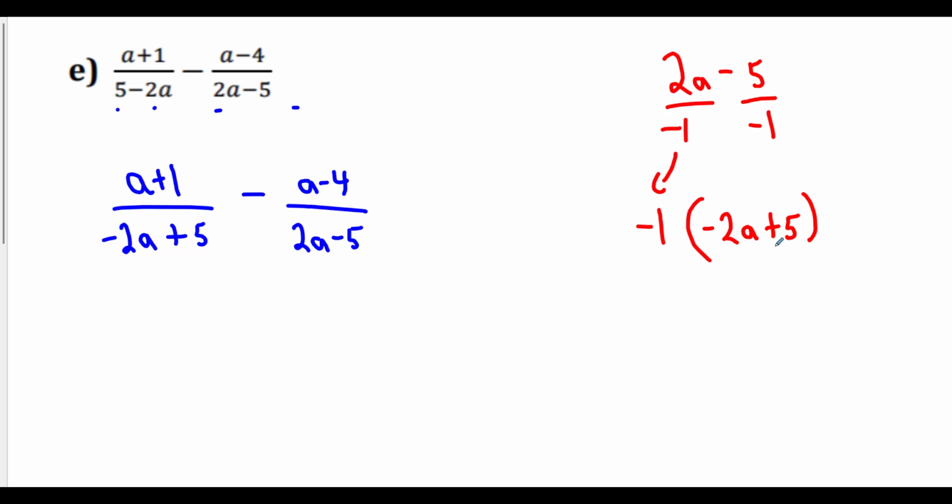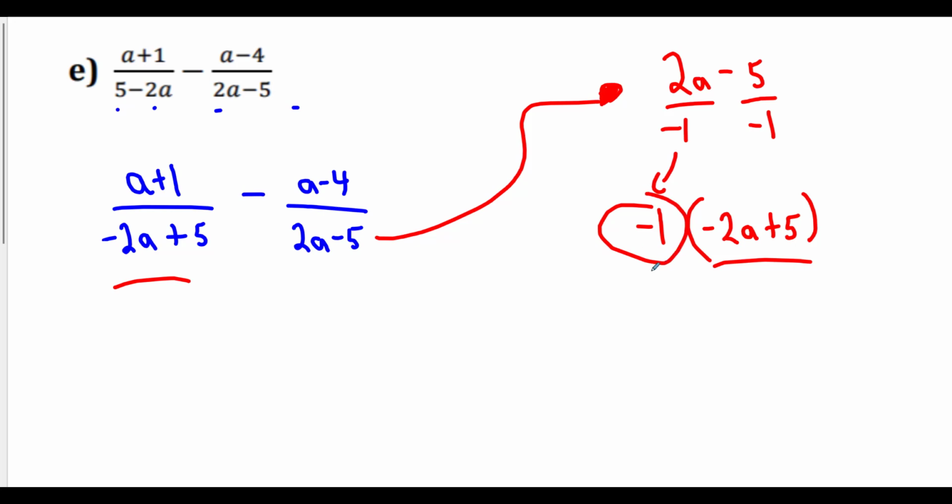Because dividing by -1 just changes the sign. That's essentially what -1 does. So now, this was the denominator of the second fraction. And now this looks exactly like this. But we have a -1 here.